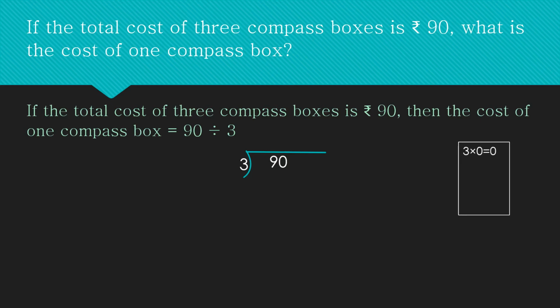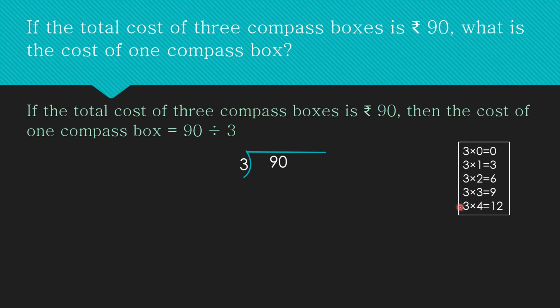So 3 zeros are 0, 3 ones are 3, 3 twos are 6, 3 threes are 9, 3 fours are 12. Here 12 is bigger than 9. And we got here 3 threes are 9.